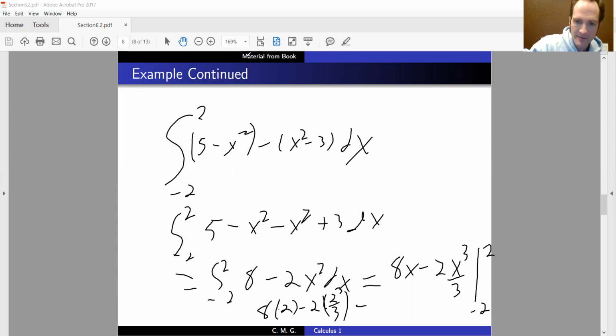And then I subtract off and plug in -2 into this equation. And then I plug things through, evaluate things, and end up getting what I need.